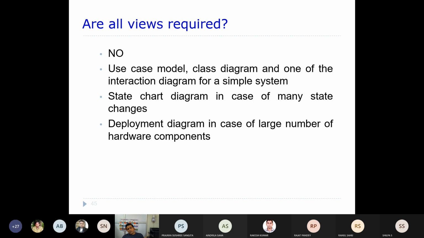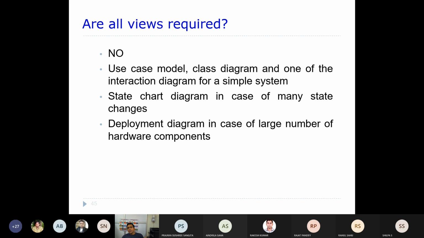Now, the very first question that can come to everyone is: are all these views really required, or are only a certain number of views really required? So the answer here is no. You do not require all of these views all the time.